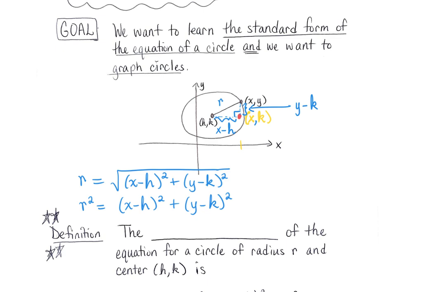Do you remember, I'll do it in green because this is a recall. Do you remember for a right triangle, if this is A, B, and C, what's the equation that goes with that? Pythagorean's theorem, what is it? A squared plus B squared equals C squared. Very good.